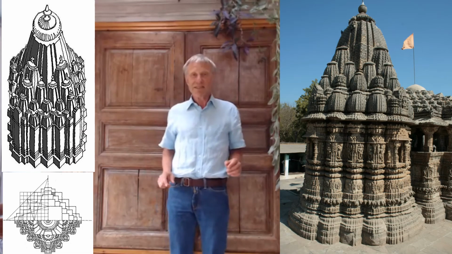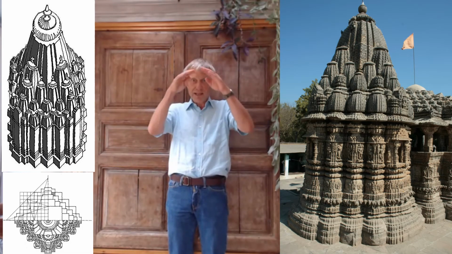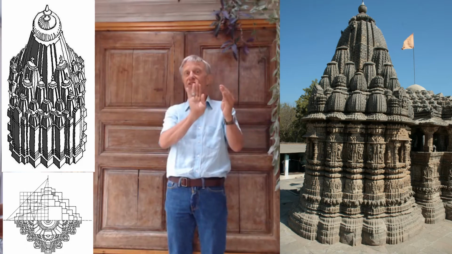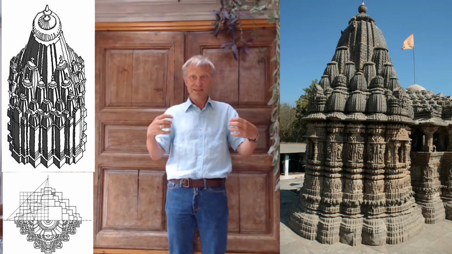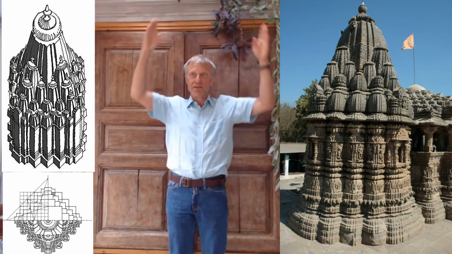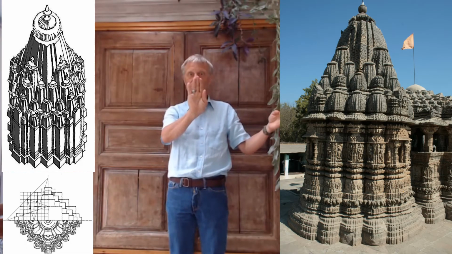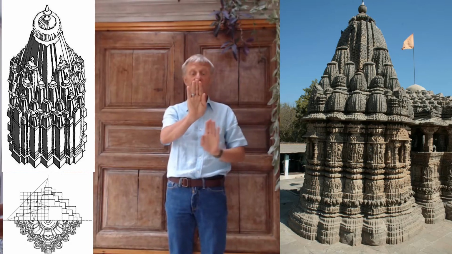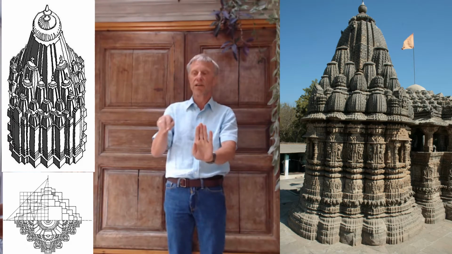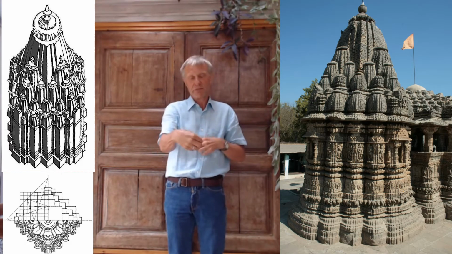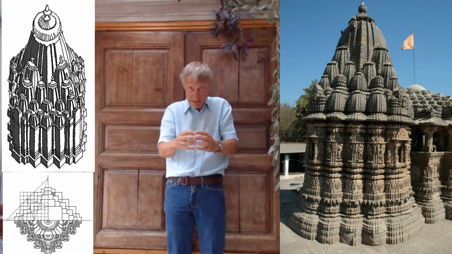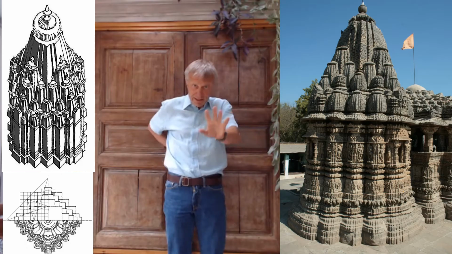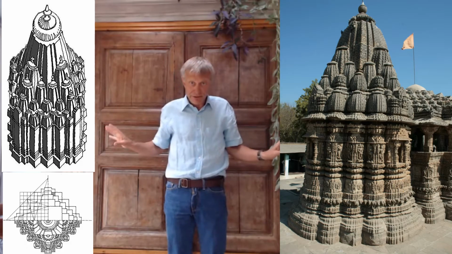At a certain stage, we get a new element: as well as the half shikaras, we get quarter shikaras or pratyangas, so that we have 4 emerging out of 1, and then at this level 1, 2, 3, conceptually 4. The pattern of 4 emerging from 1 is repeated or mirrored 1 level down on the 4 faces.